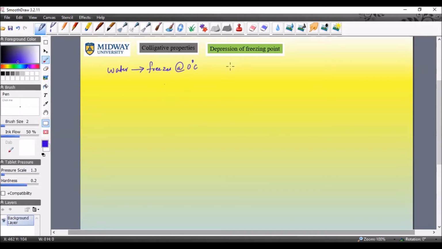So when we say you add a solute to water and the freezing point is, say, -4 degrees Celsius, the depression refers to it going from a neutral value to -4.